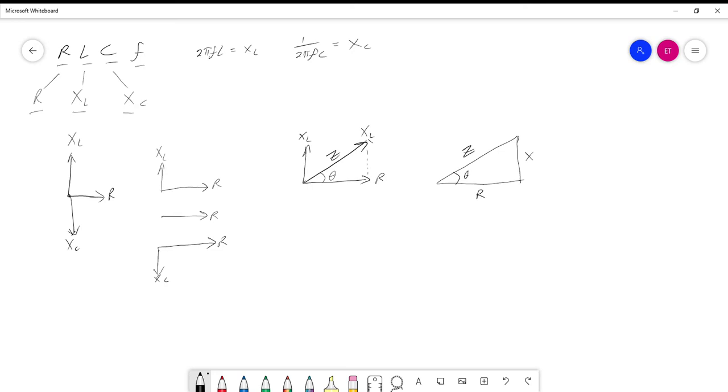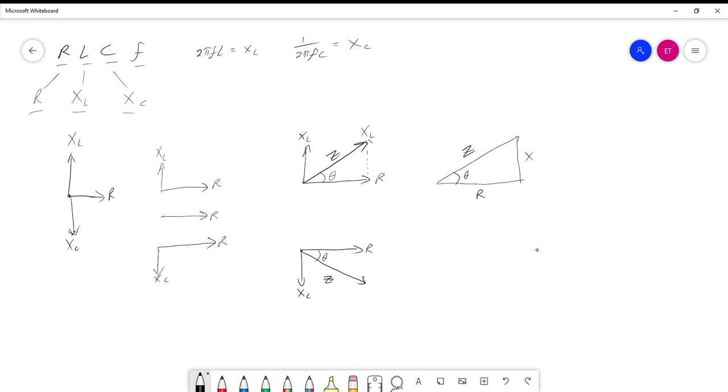So it is just a right triangle to solve for. Down here, if you have capacitive reactance that wins out, your angle is simply then a negative angle, here's your negative angle. It shows that voltage will lag current.